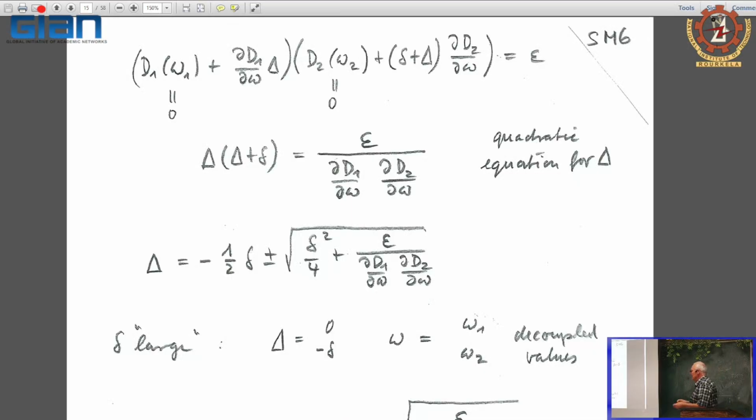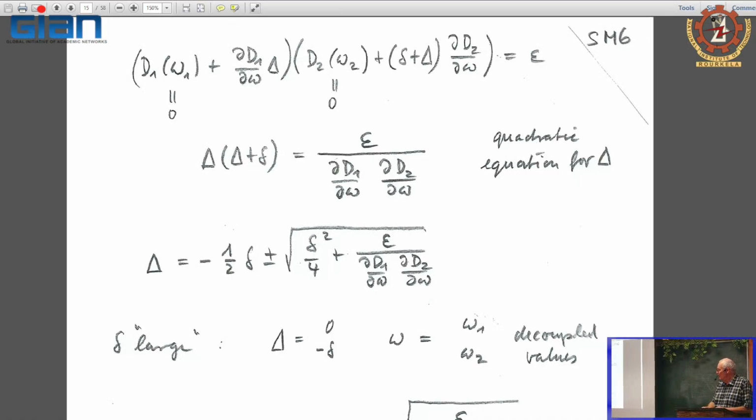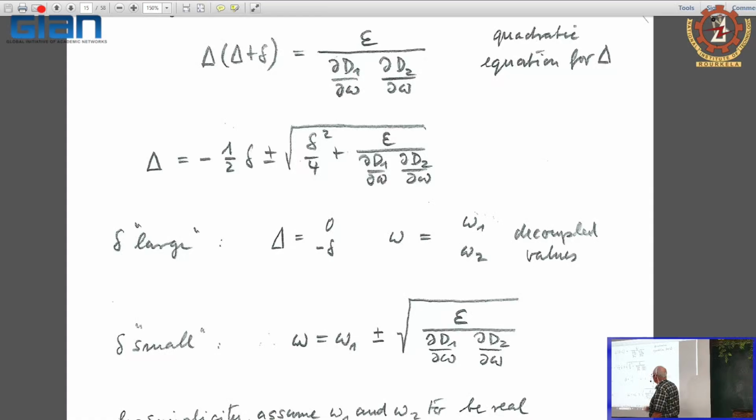Then we can neglect this coupling term, and capital delta is either 0 or minus delta, and this means, according to the definition, that capital delta is omega minus omega 1. We have omega equal to omega 1 and omega 2. So we arrive at the decoupled value. What happens at the crossing, if delta is small, or delta might be neglected with respect to this epsilon term?